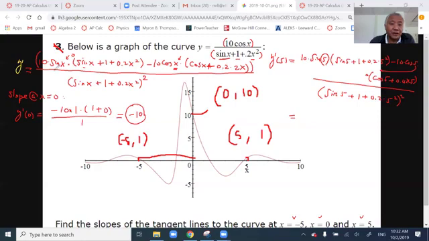Okay, let's double check on the top part. So we have 10 sine x times by parenthesis sine x plus 1 plus 0.2 x squared closing parenthesis, and then minus 10 cosine x and times by parenthesis cosine x plus 0.4 x closing and closing. Good. And then we do divide. This fraction line is divide. And then we do the bottom part now.